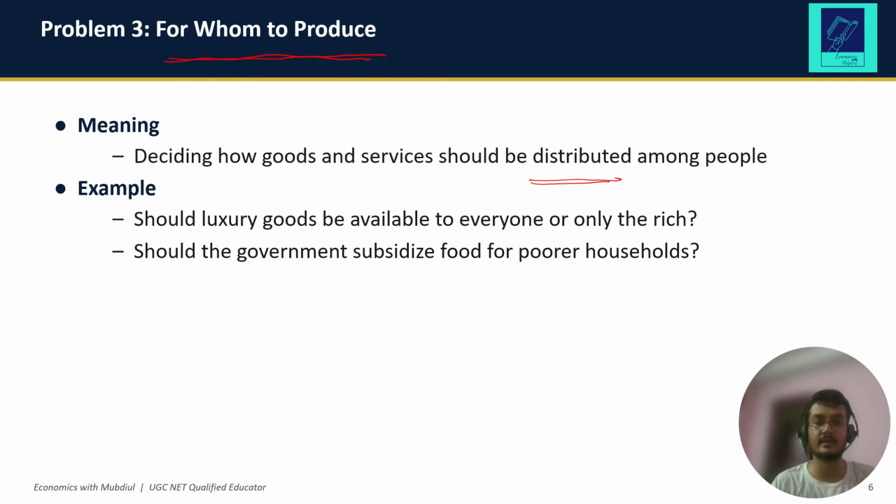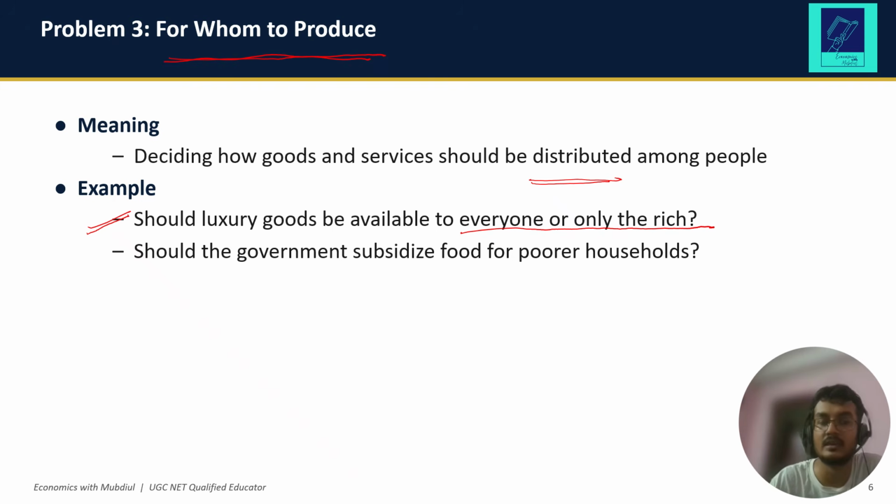Now let us look at the first example on our slide. Should luxury goods be available to everyone or only to the rich? First, let us understand what luxury goods are. Luxury goods are products that are not essential for survival. For example, luxury cars, designer watches, premium smartphones, private yachts, luxury hotels. Can everyone afford them?